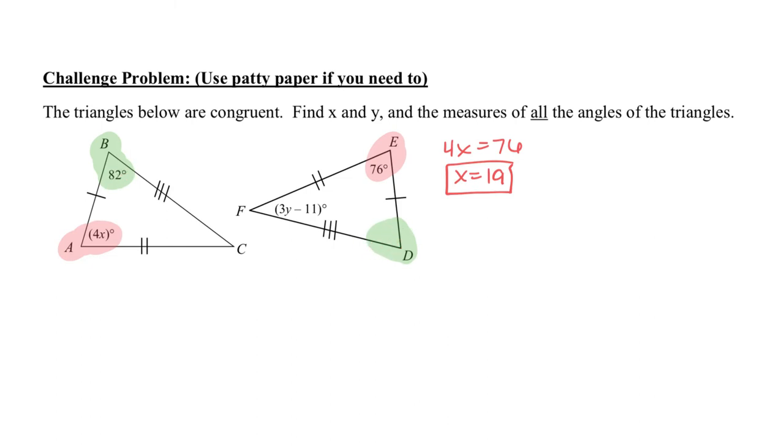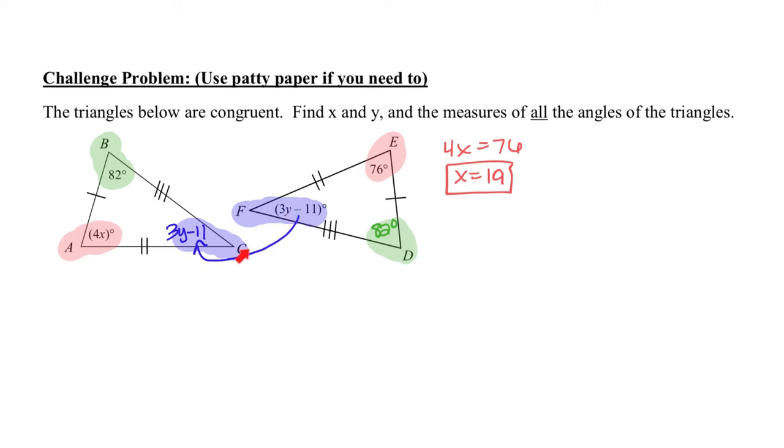So that would tell me that angle D is also 82 degrees. That will mean that angle F is congruent to angle C. Even though there's nothing there, if they're congruent, then this is also 3y minus 11.